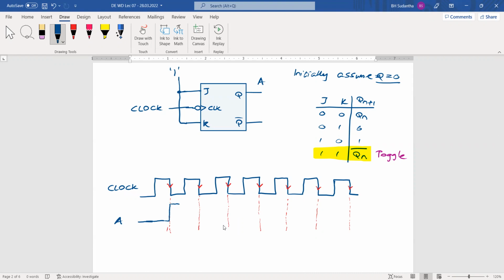Then it receives the second clock pulse, but it does not change until it receives the falling edge. At the falling edge it is inverted, so it comes back to 0 and remains there. During that time it receives the third clock pulse. At the falling edge of the third clock pulse, it changes again and goes like that. Is it okay?